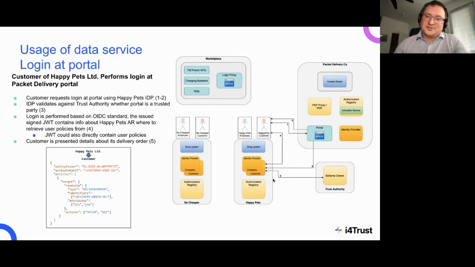During this login, a JSON Web Token is issued to the customer containing information about the authorization registry of Happy Pets. This is required later so that the PEP proxy knows where to request the actual policies this customer has. Of course, this web token could already contain these user policies.